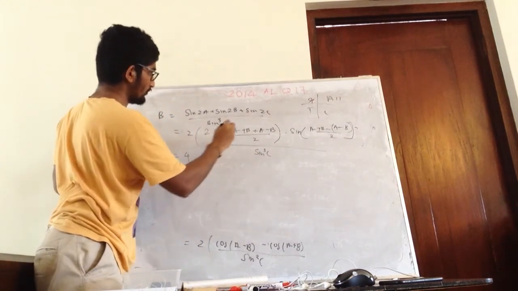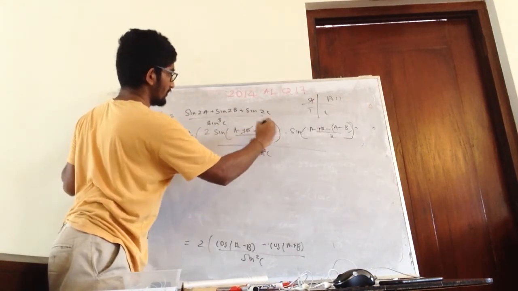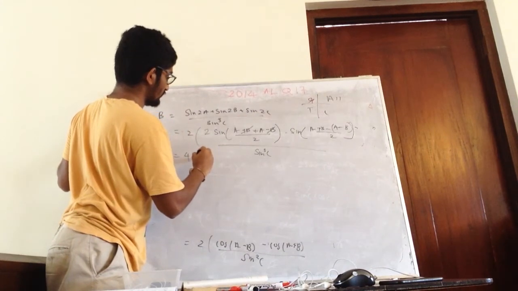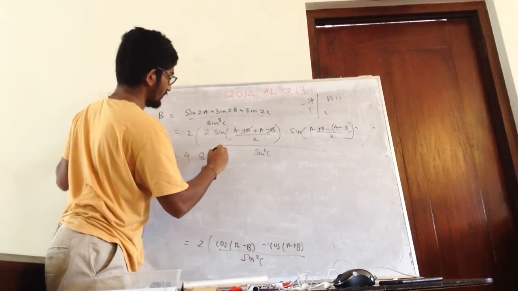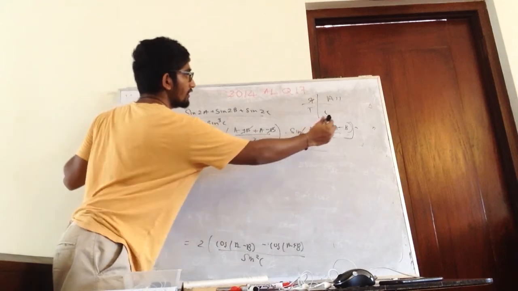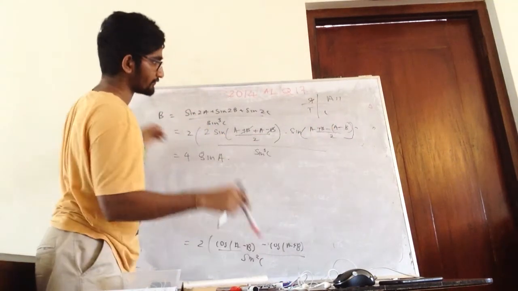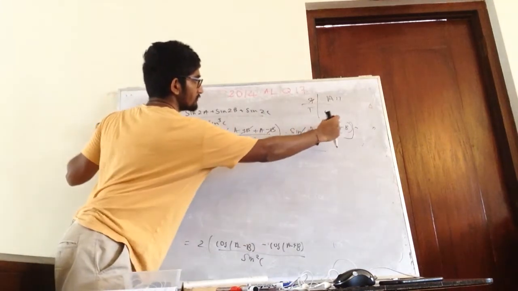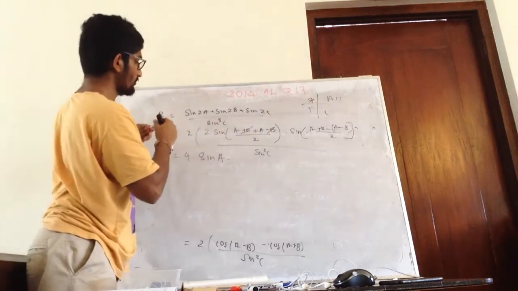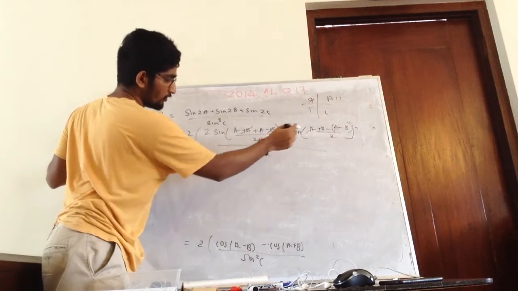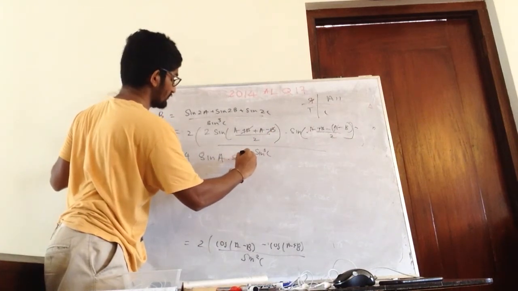So you get 4, the A cancels off, then you will get 2B, and 2B over 2 is sin B, so 4 sin A sin B.